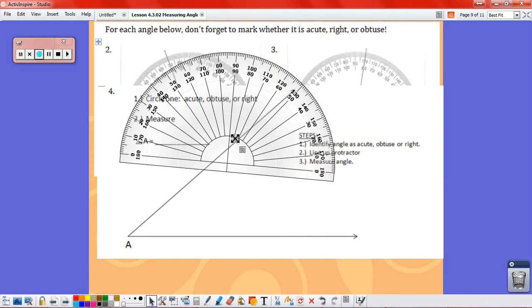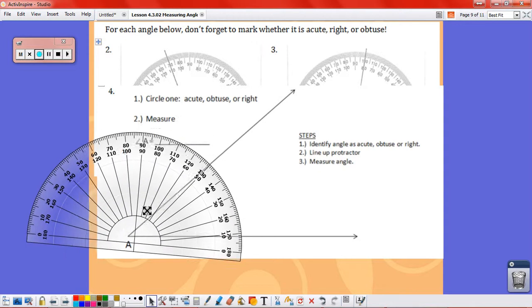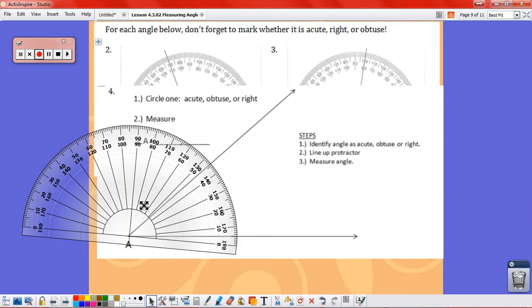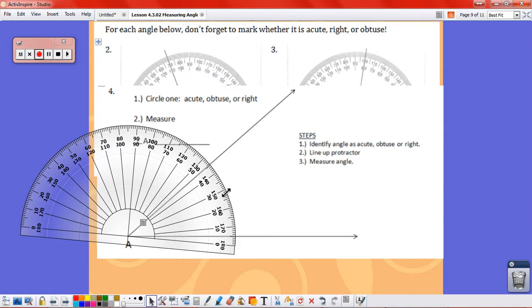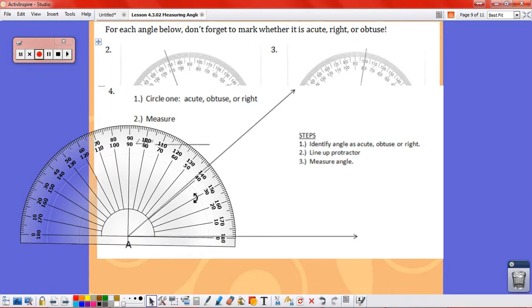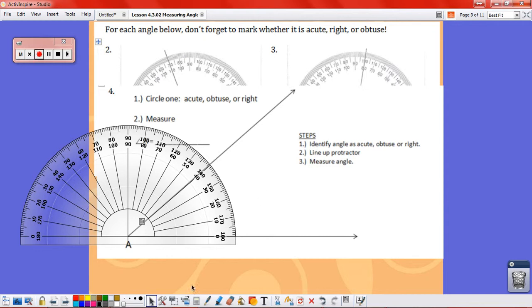I'm going to go ahead and line up the 0 point with the vertex, and line up the 0 edge, the line there. Oh, I forgot this is an acute angle. So it should be the acute measurement. So it's going through maybe 40 or 140. It's got to be the acute measurement though, so we're going to go with about 40 degrees, maybe 41.